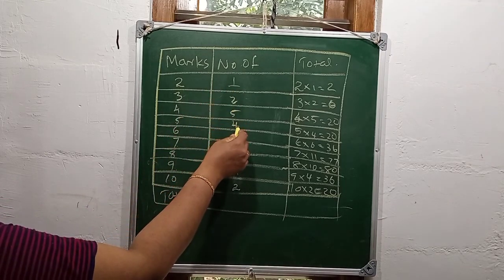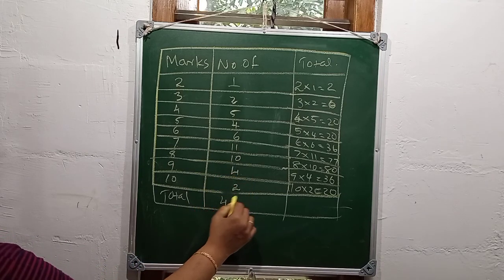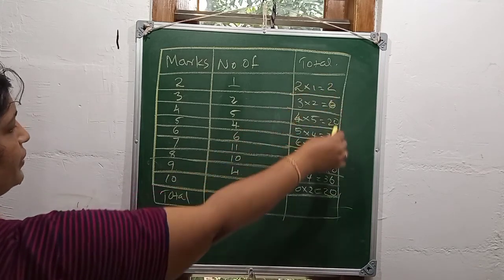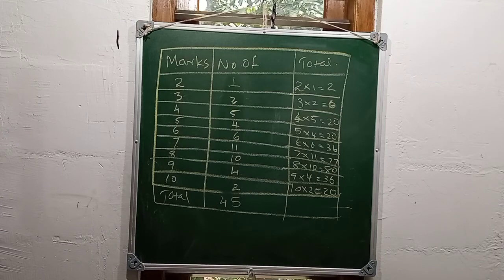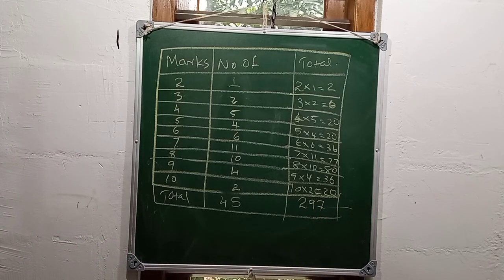1 plus 2 plus 5 plus 4 plus 6 plus 11 plus 10 plus 4 plus 2 is equal to 45. Then the sum of the marks is 2 plus 6 plus 20 plus 20 plus 36 plus 77 plus 80 plus 36 plus 20, that is equal to 297. So the total is 297 and the total number of students is 45.